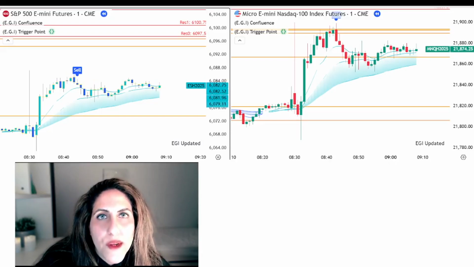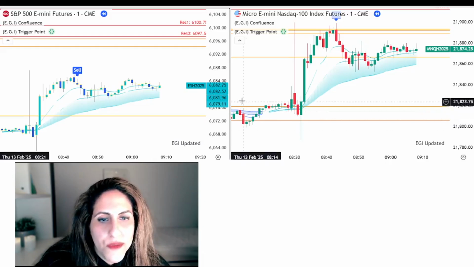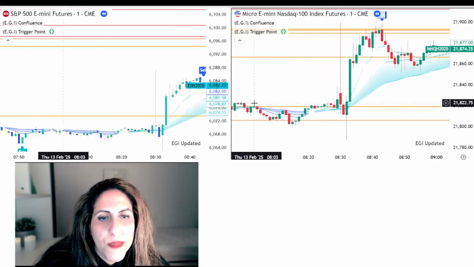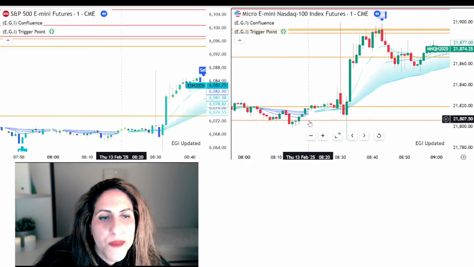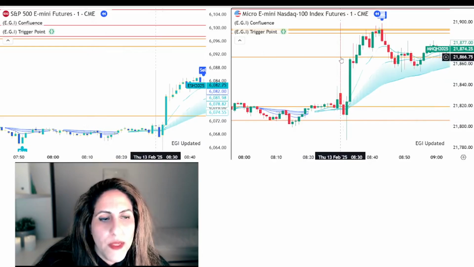See several interesting phenomena here. The first is what happens when there are trigger points with a low distance between them. We expect this behavior, in many cases, this consolidation here until it breaks. And here I think there was a high impact news.